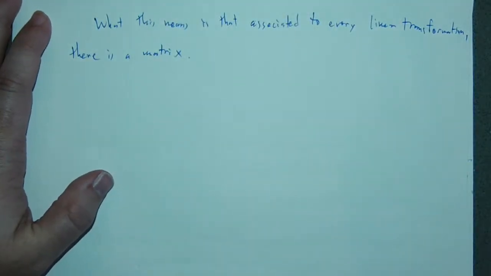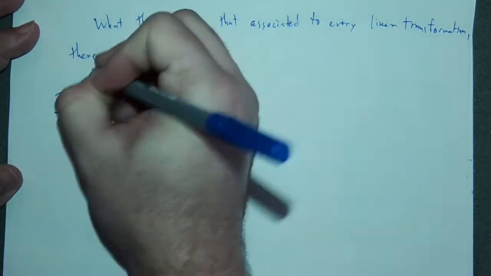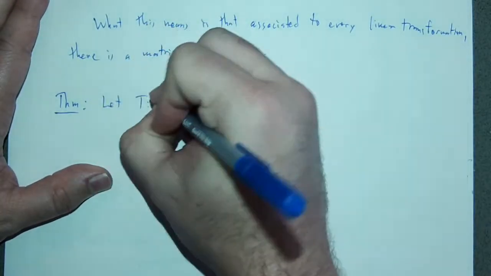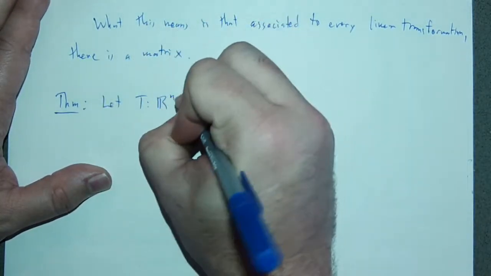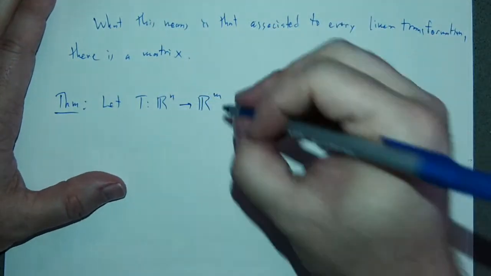Okay. So this is codified in the following theorem. Let T be a linear transformation from Rn to Rm.